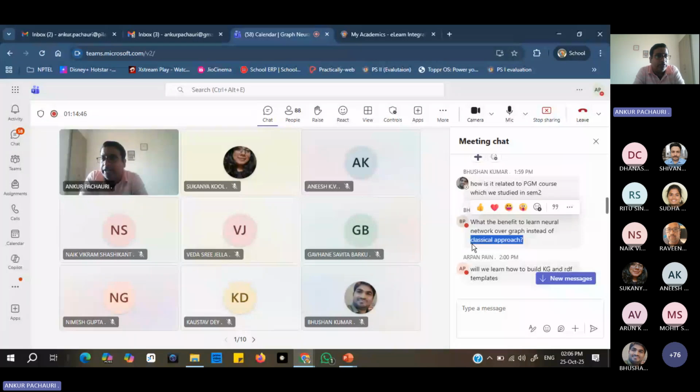So here we'll be dealing with the graph database. Now why graph? If I have normal values, I can handle them in a number of ways. I have all the ways of deep learning, neural networks, and all those things.